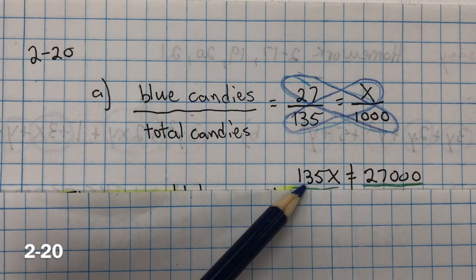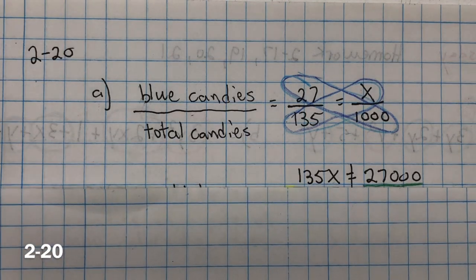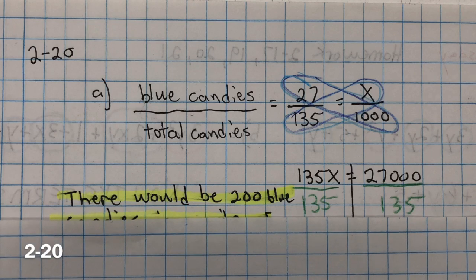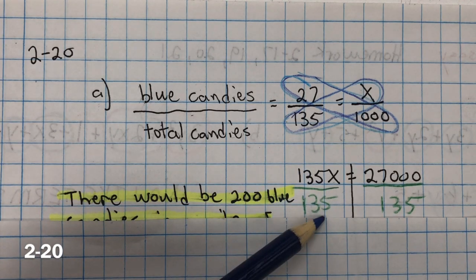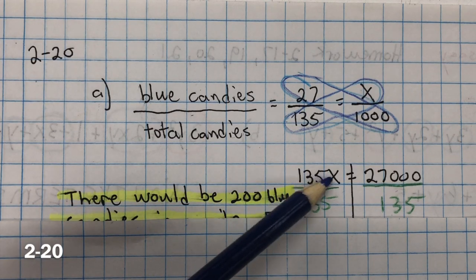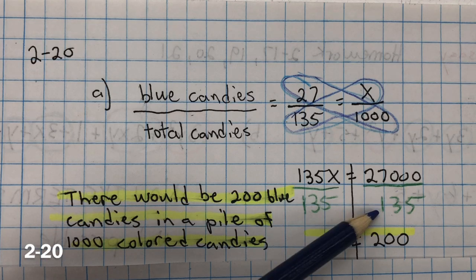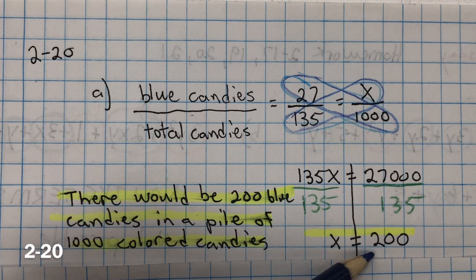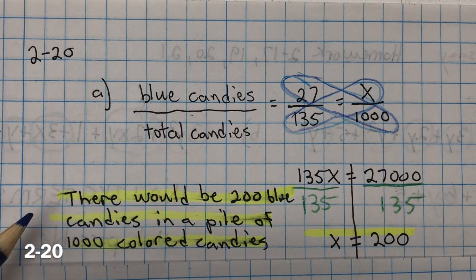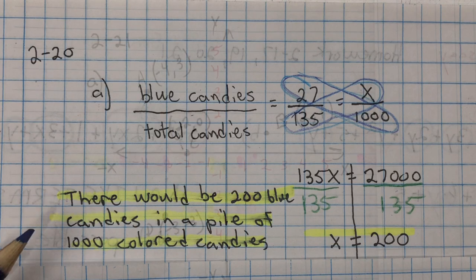This is multiplication. Inverse property of multiplication is division. So we divide both sides by 135. This creates a giant 1. 1 multiplied by x equals x. 27,000 divided by 135 is 200. So there would be 200 blue candies in a pile of 1,000 colored candies.